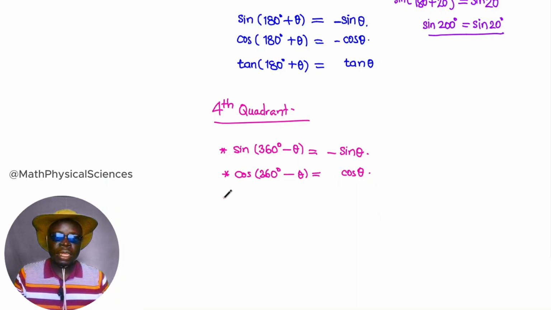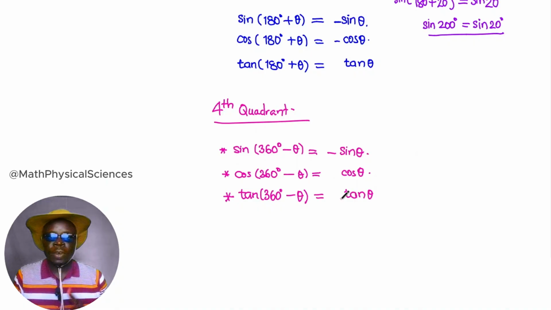And finally, we can move on to tan. So tan of 360 degrees minus our theta, then this will be equivalent to tan of theta. So from here, tan is always positive in the first quadrant and the third quadrant. So here they must be negative.